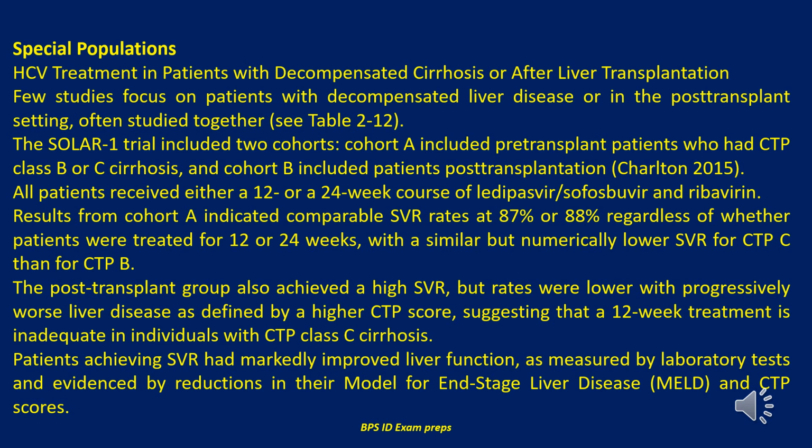The post-transplant group also achieved a high SVR, but rates were lower with progressively worse liver disease as defined by a higher CTP score, suggesting that a 12-week treatment is inadequate in individuals with CTP class C cirrhosis. Patients achieving SVR had markedly improved liver function, as measured by laboratory tests and evidenced by reductions in their model for end-stage liver disease, abbreviated as MELD, and CTP scores.